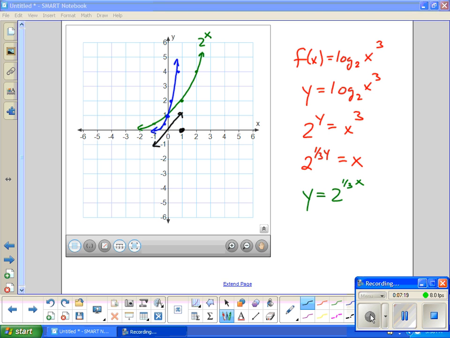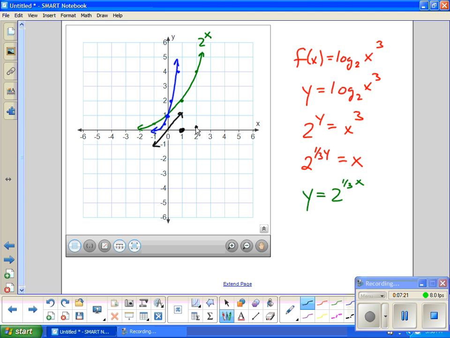So I plot 2, 1/3, 2/3, 4, and it gets pretty tight to the x-axis here, but there. And now I have the curve y equals log base 2 of x cubed, or I could just label it f of x in this case.